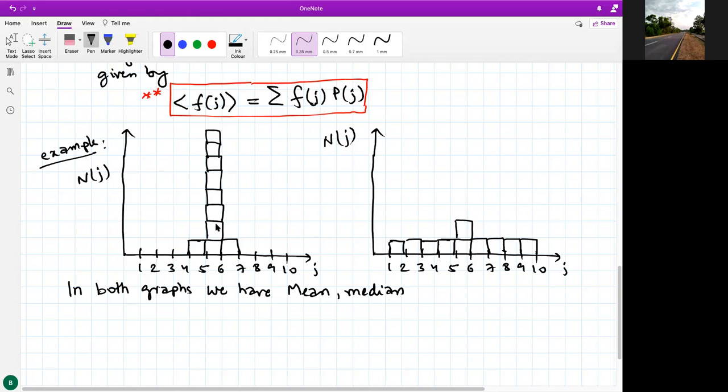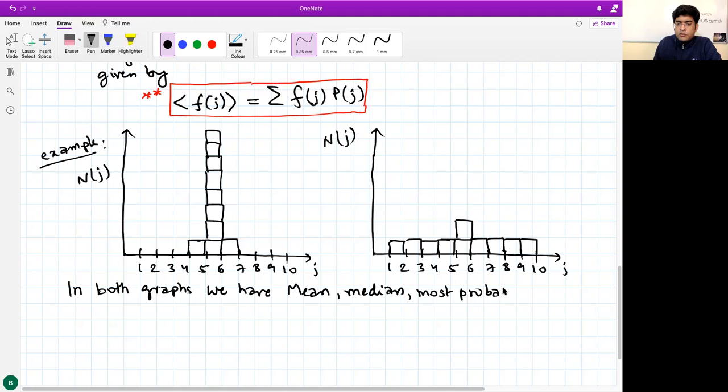Most probable value is 5. No, this is the middle value. The most probable value is the value that has the maximum probability. We are not talking about the value of the probability itself, but about which value has the maximum probability. So: mean, median, and most probable value.